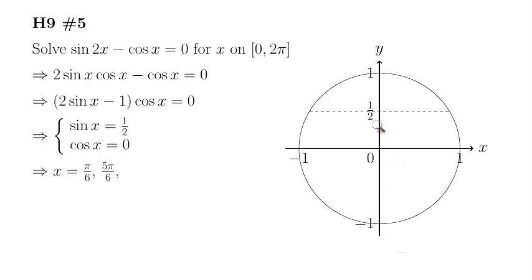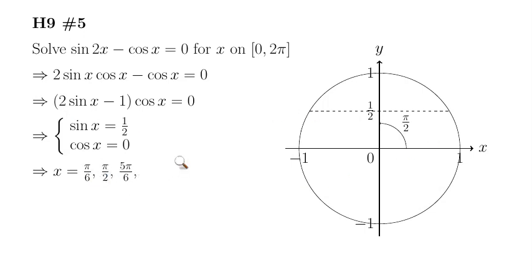The x-coordinate is 0 up here, so that's going to be 90 degrees, which is pi over 2. So I'm going to write down pi over 2 as the next one.